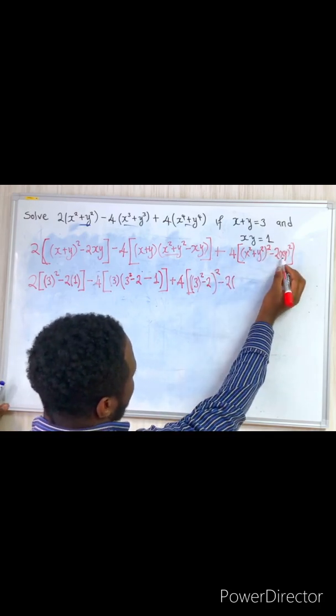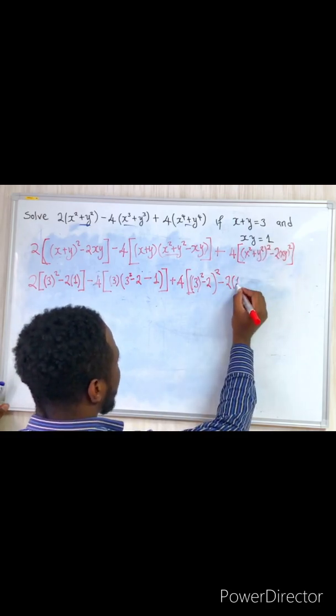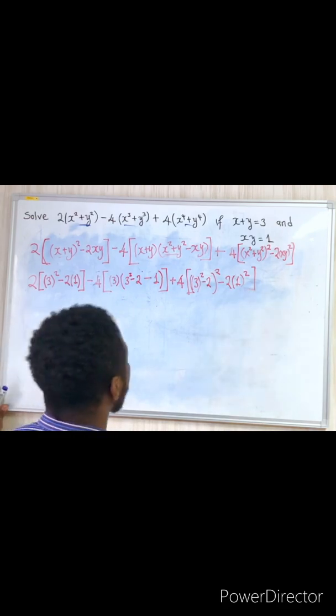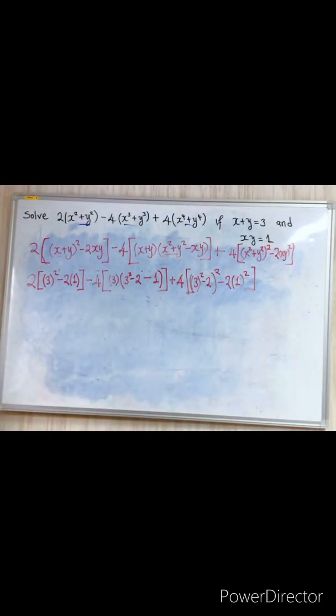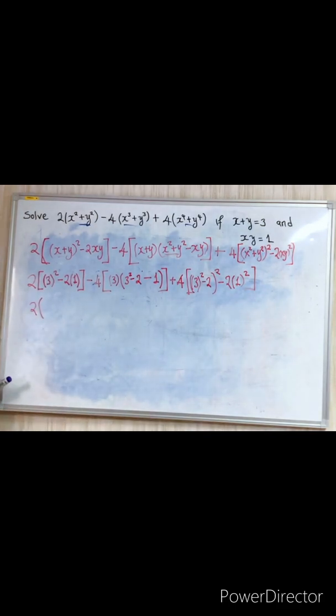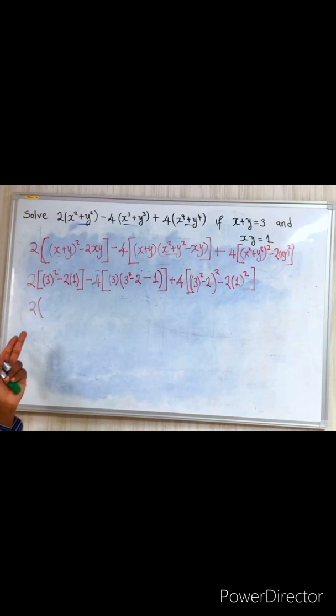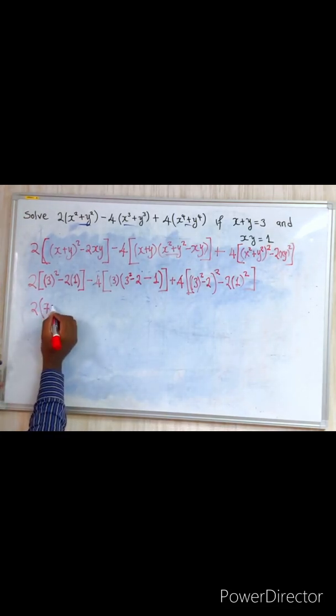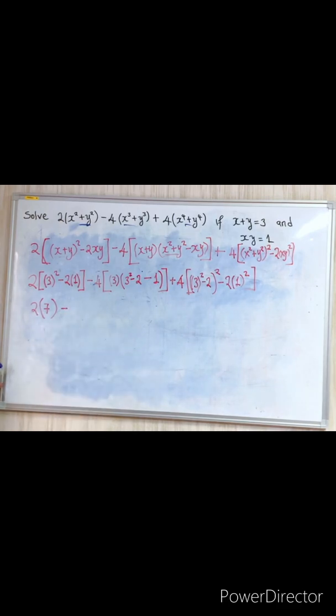What we have is x times y, which is equal to 1, this squared. Okay, we know that 3 to the power 2 is 9. 9 minus 2 will give us 7. This minus 4, in the bracket.